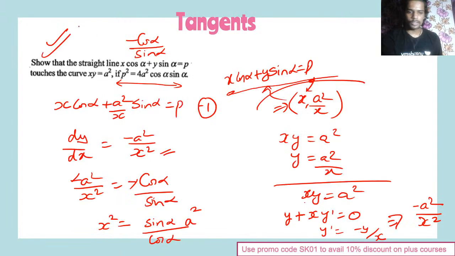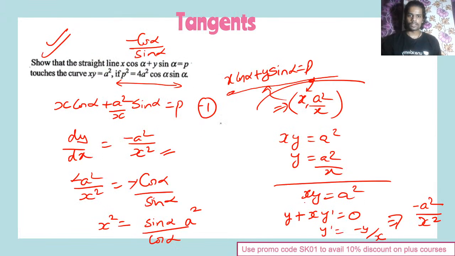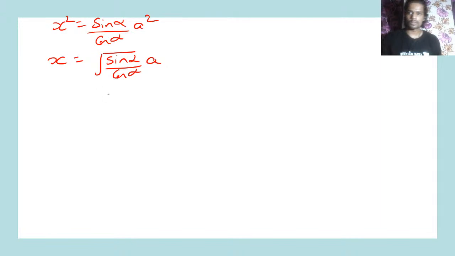X would be equal to, since x square is equal to sin alpha upon cos alpha a square, x would be equal to root over sin alpha upon cos alpha a. Okay, this is x. Now what will be y? Y would be equal to a square by x. Y would be equal to a square upon this x.